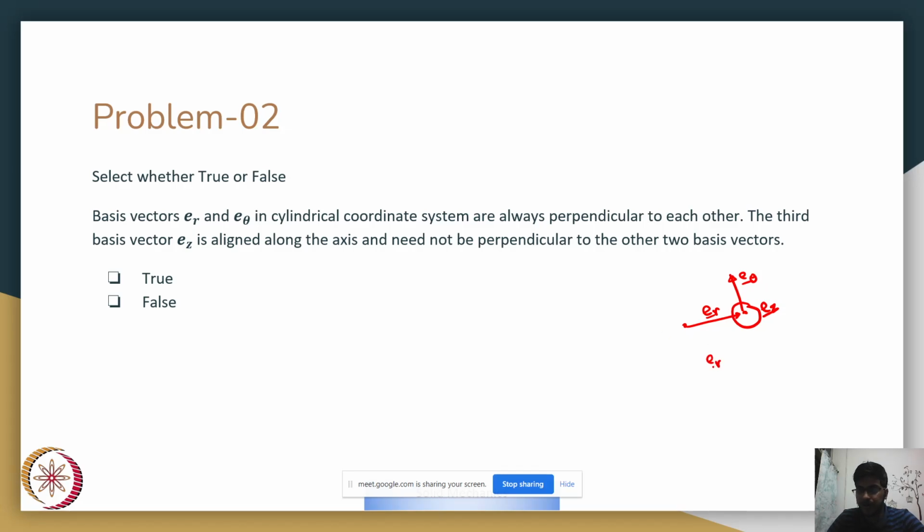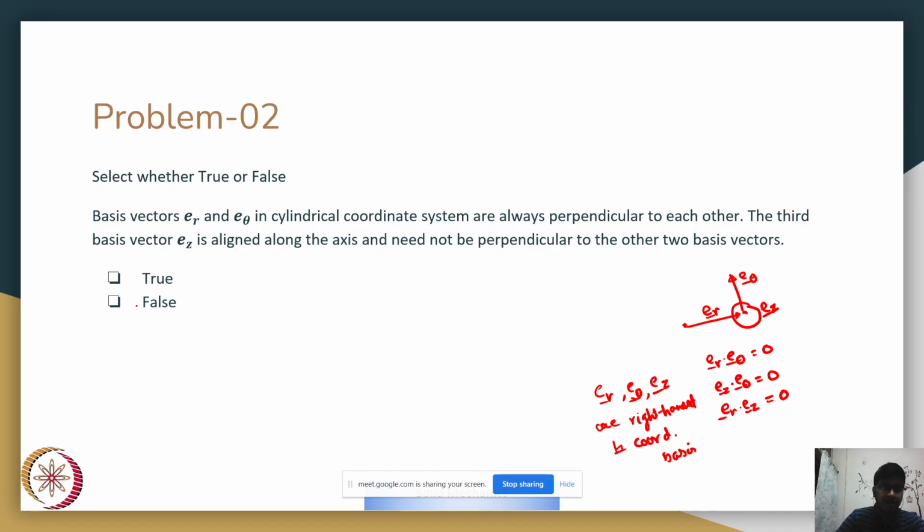So we always have ER dot E theta equal to 0, Ez dot E theta equal to 0, and ER dot Ez is also equal to 0. So ER, E theta and Ez form a right-handed perpendicular coordinate basis. So this statement is obviously false.